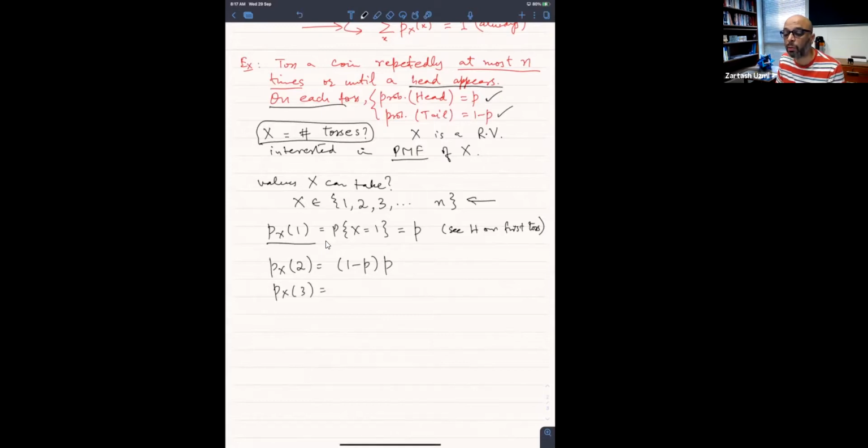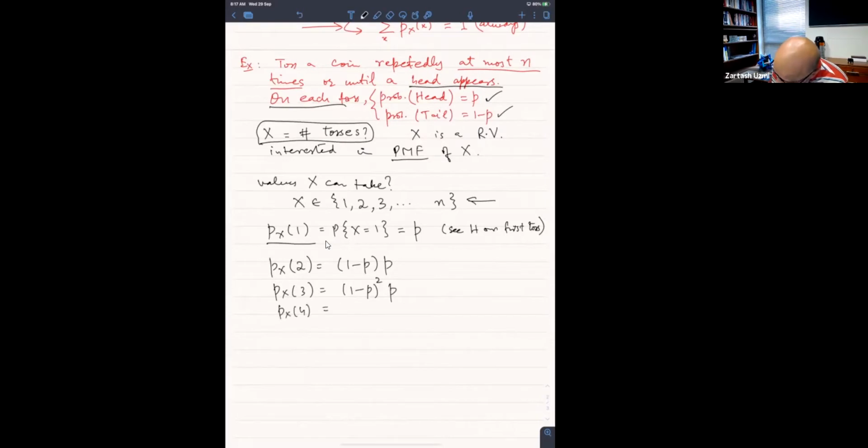So P_X(3), what is this probability? Answers in the chat window. X takes the value 3 when the first two tosses are tails and the third toss is a head.